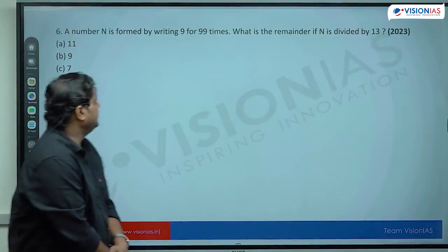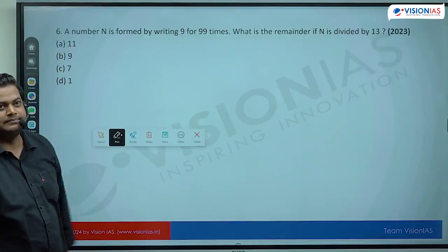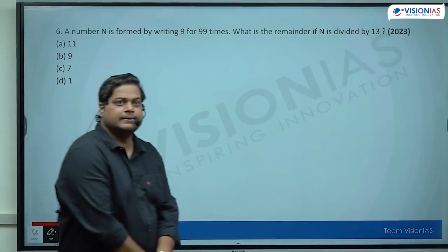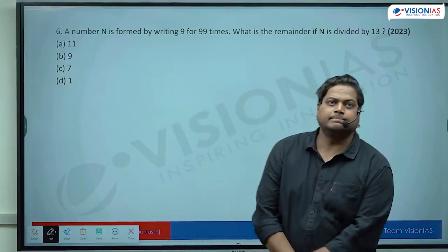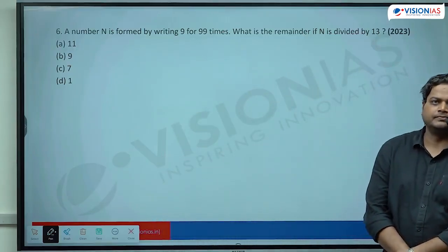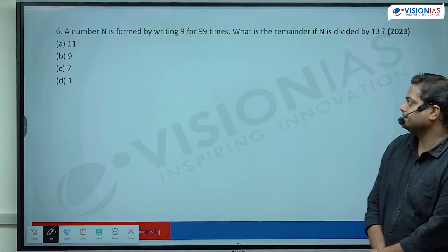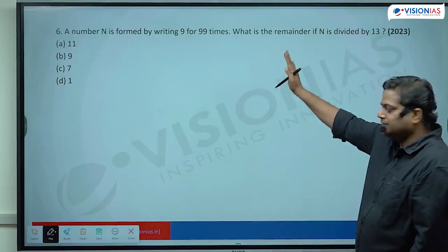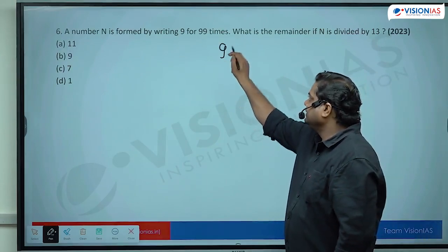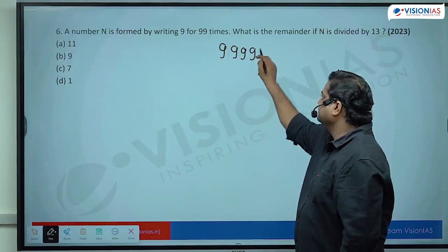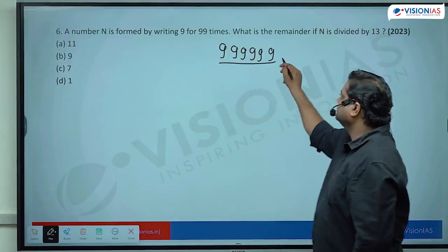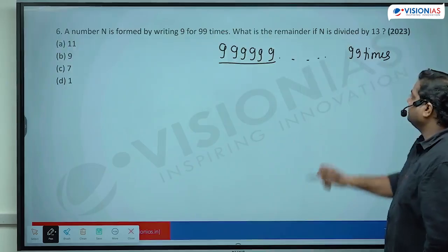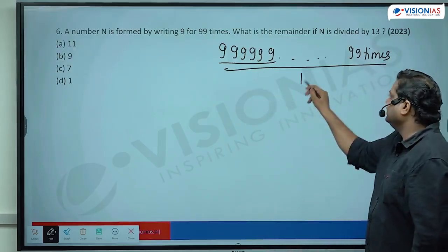A number n is formed by writing 9 for 99 times. Same type of question. 9 is written 99 times. We are dividing this number by 13.